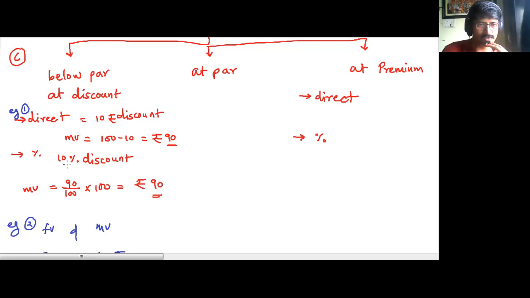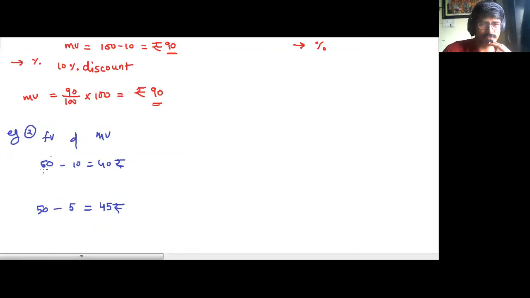Or when the face value is 100 and the discount is 10%, so 90% of 100 will become 90. Same thing over here also you can do. If the face value is 50, discount is 10, market value will become 50 minus 10, that is 40. Or 50 minus discount of 10%. 10% of 50 will become 5 rupees. So 50 minus 5, 45 rupees. I hope you finished writing here, isn't it?